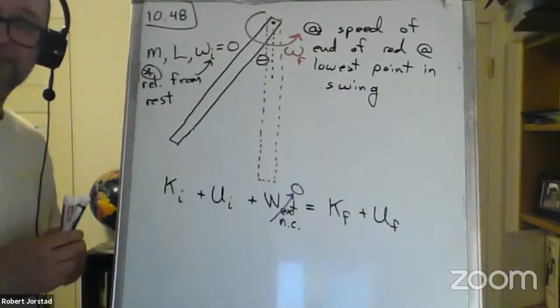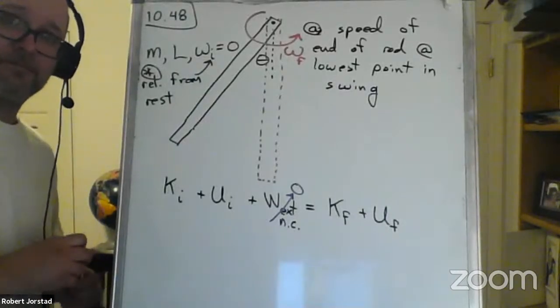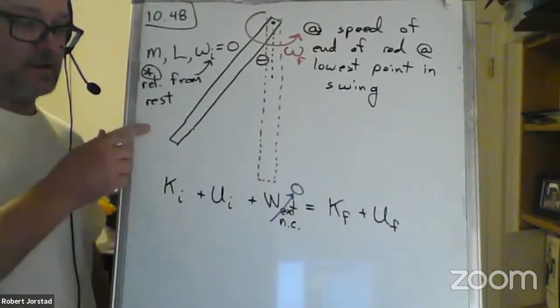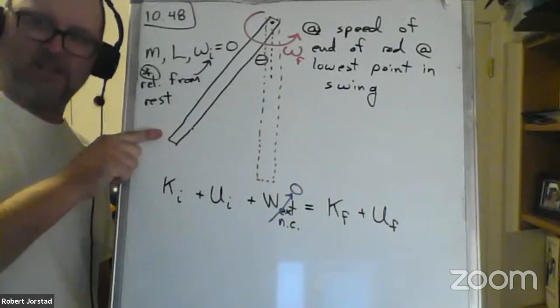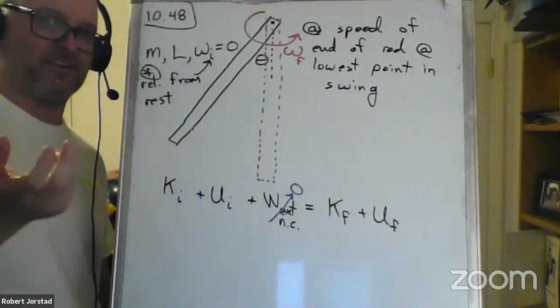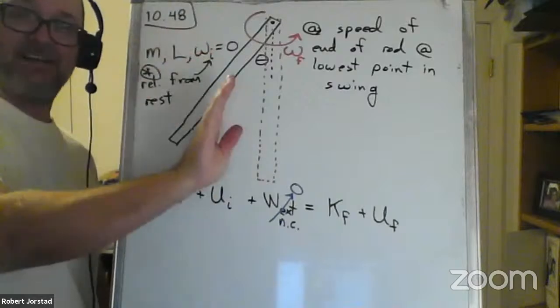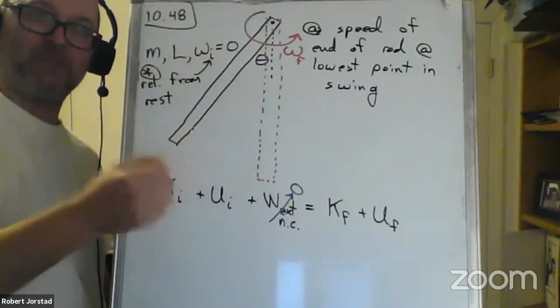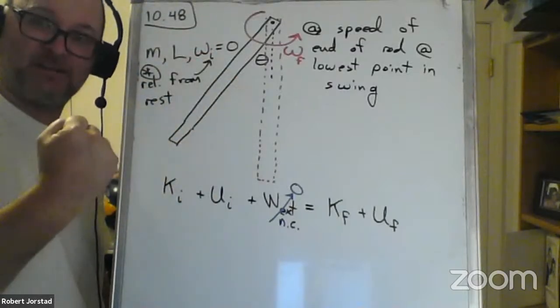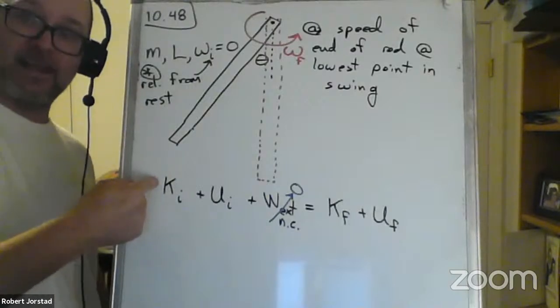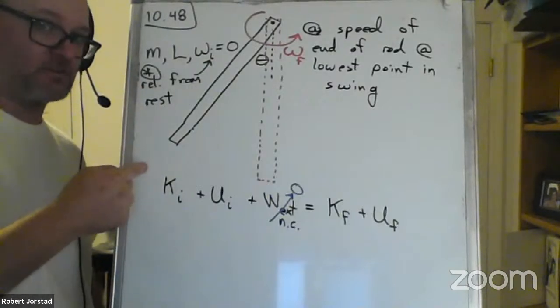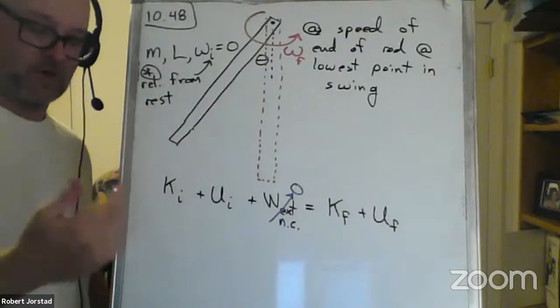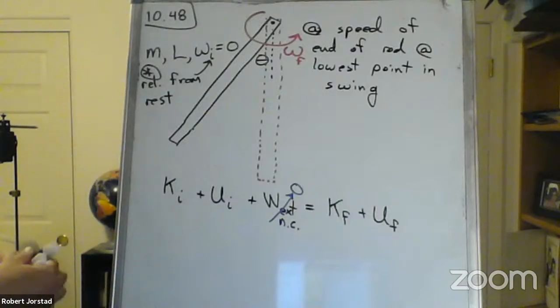All right. Now, I next think, should I view this as rotational motion or translational? Well, it's swinging. Swinging motion is pure rotation. So what should I write for kinetic energy? 1/2 mv squared or 1/2 I omega squared? I omega squared.